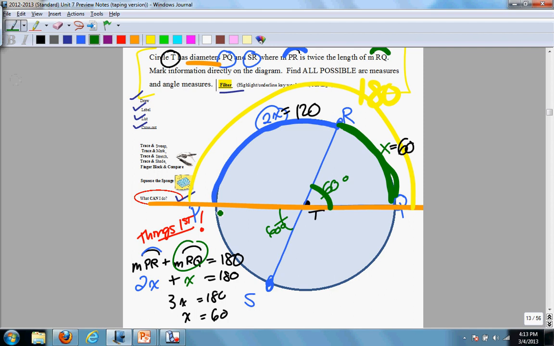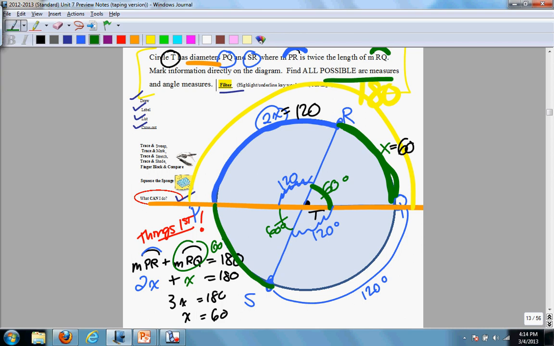Which means this arc on the other side, P to S, is also 60 degrees. Then we work this side, that's 120, which means this central angle, PTR, is also 120. Vertical angles, which means this is 120, which forces the minor arc, S to Q, to be 120. Now we have found all possible arcs or angles.